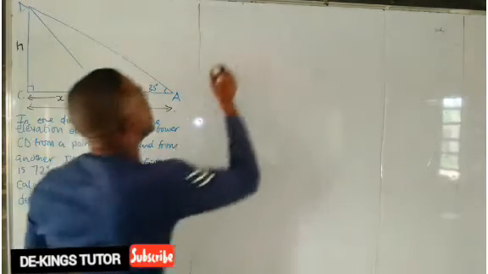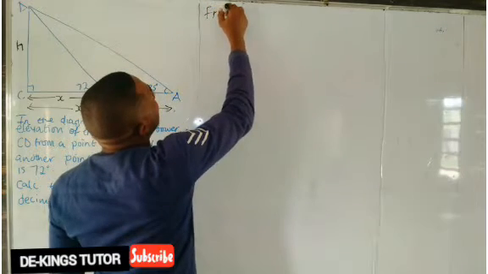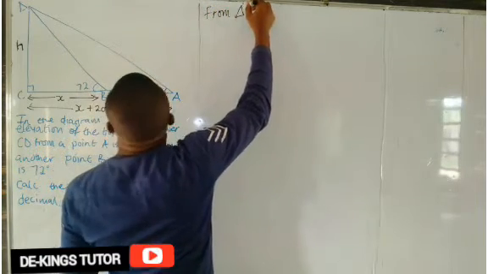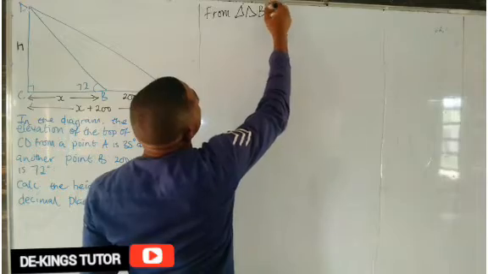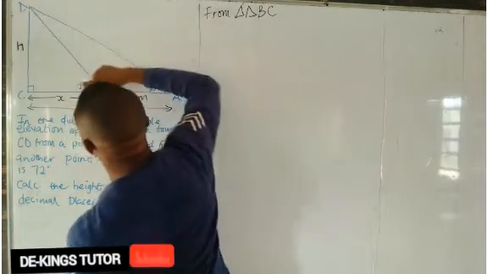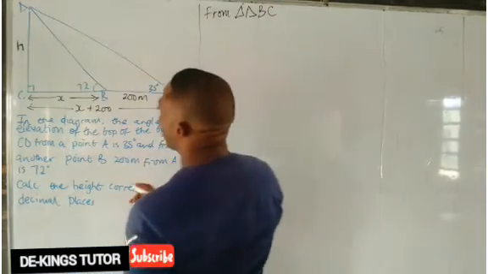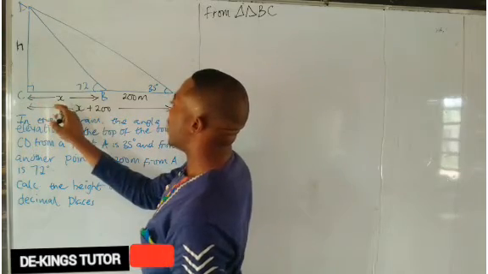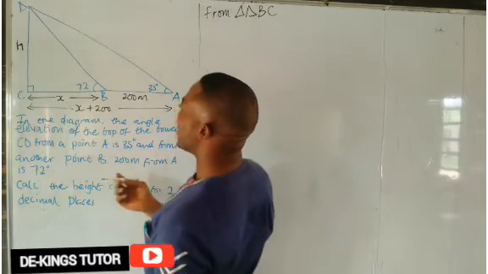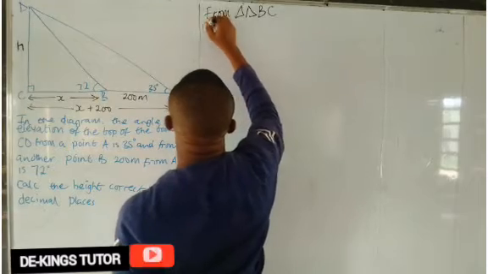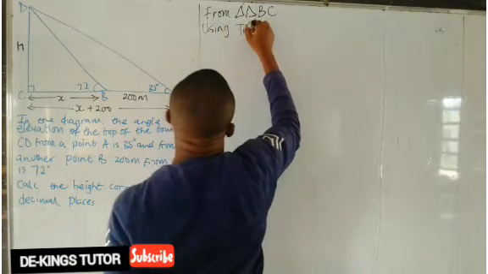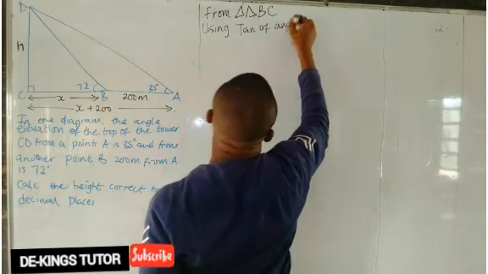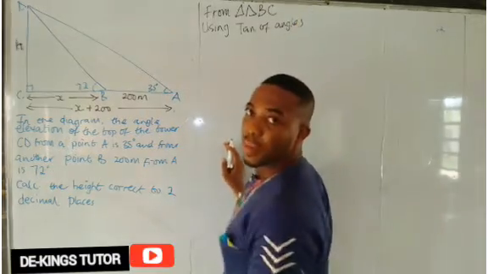So the first thing we'll do is set from triangle DBC. Remember, we are looking for the height and we are also not given this part. So let's take using tan of angles. Remember our SOHCAHTOA.